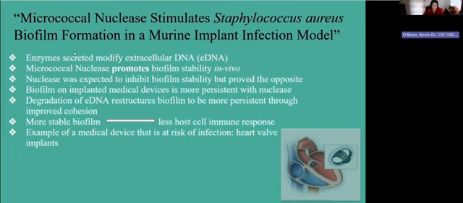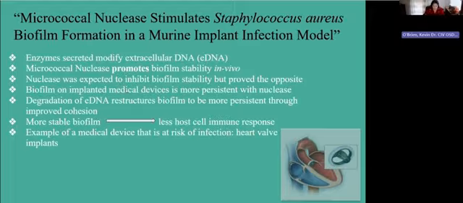This micrococcal nuclease promotes biofilm stability in vivo, and nuclease was expected to inhibit biofilm stability, but this study actually proved the opposite. We know that nuclease is responsible for splitting and fragmenting things, and we thought that more of that degradation process would cause the biofilm to be less stable, but it is adaptive and dynamic, and it actually increases the virulence.